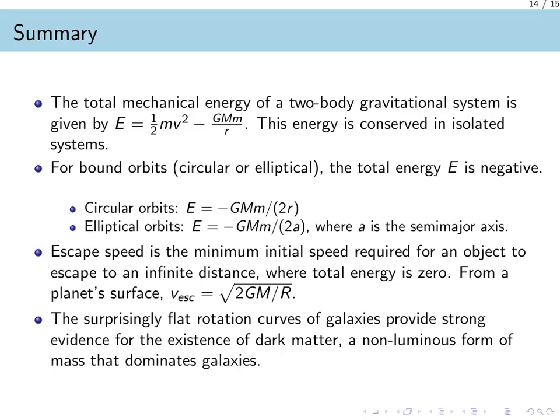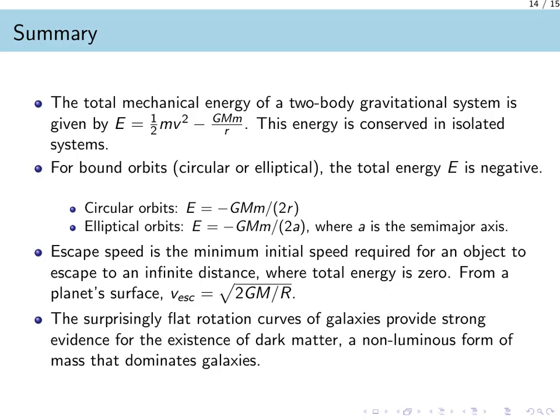For bound orbits like planets around the Sun, the total energy is always negative. In the special case of a circular orbit of radius r, the energy is E equals negative GMm over the quantity 2r. For a more general elliptical orbit, the energy is given by E equals negative GMm over the quantity 2a, where a is the semi-major axis.